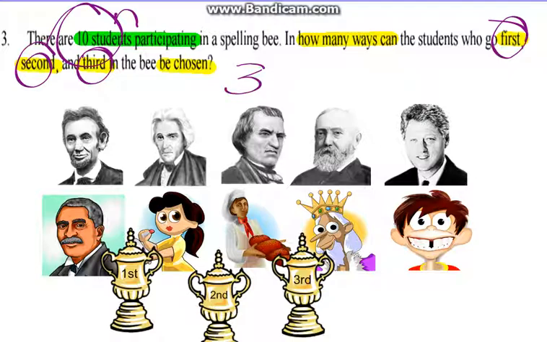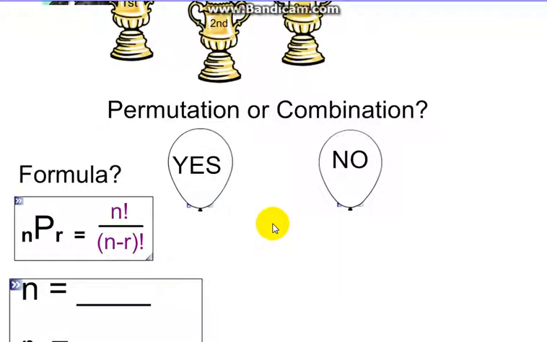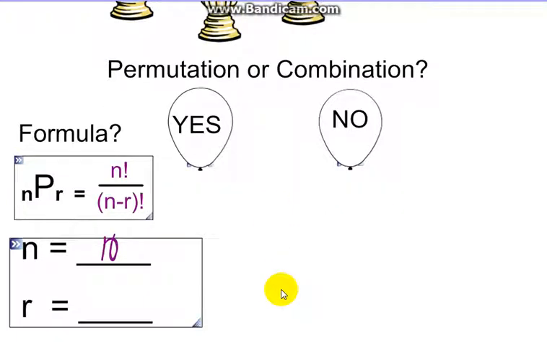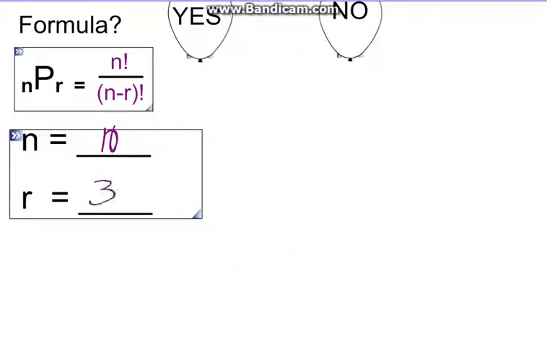So we have 3 of those. So N is 10, and R is 3.